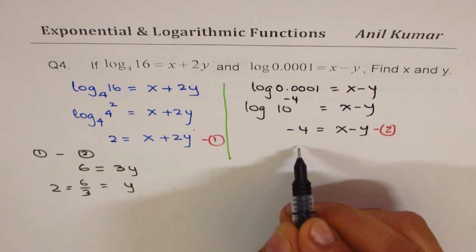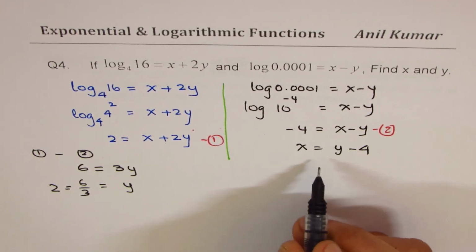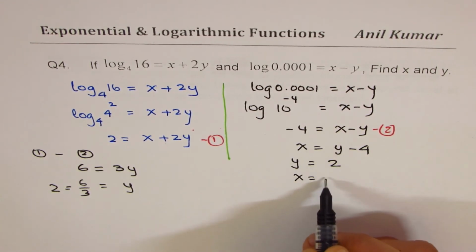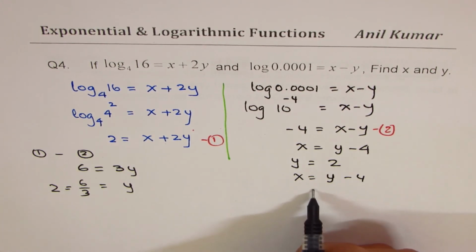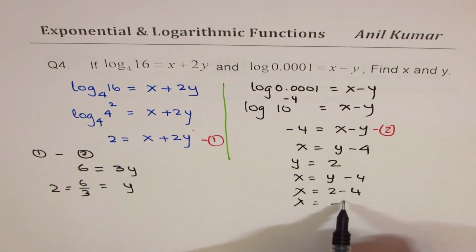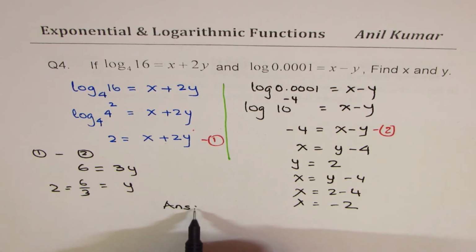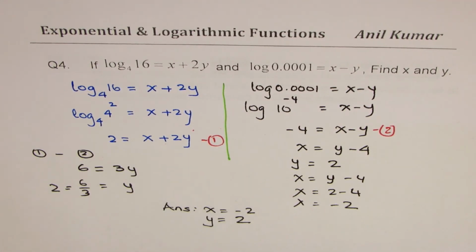From here we can write x equals y minus 4. Since y equals 2, x is 2 minus 4. So the x value is minus 2. So we get our solutions. We can write down the answer as x equals minus 2 and y equals 2, right? So that is how you would solve this particular question.